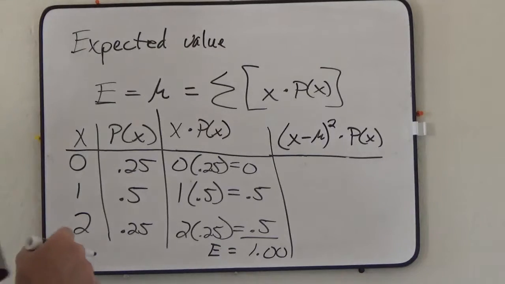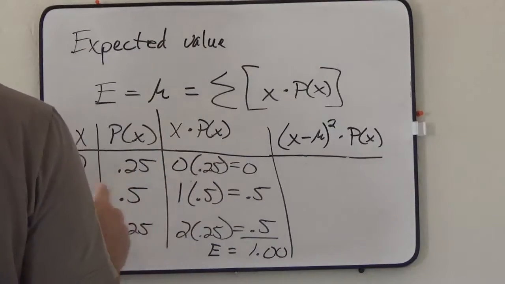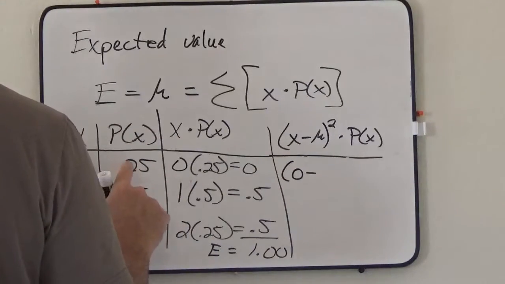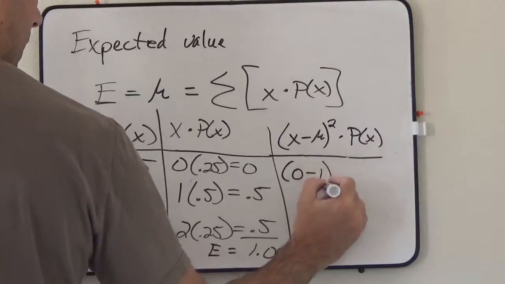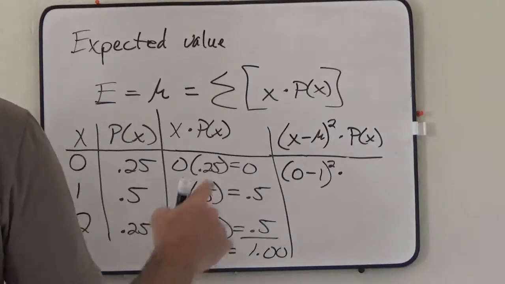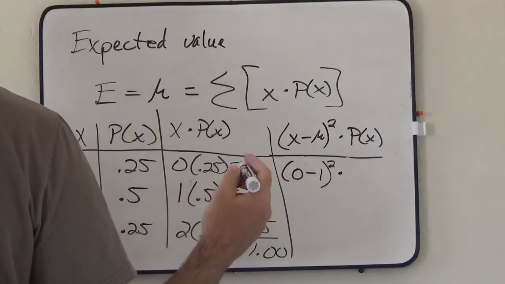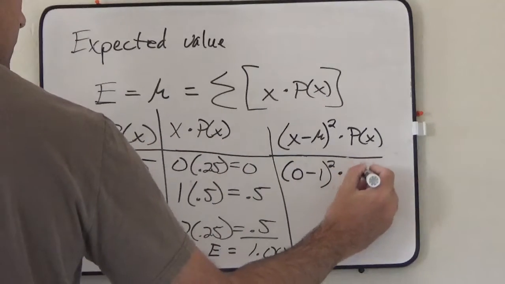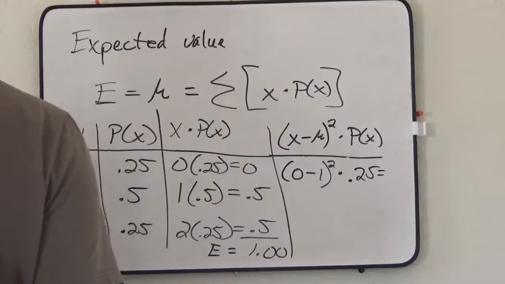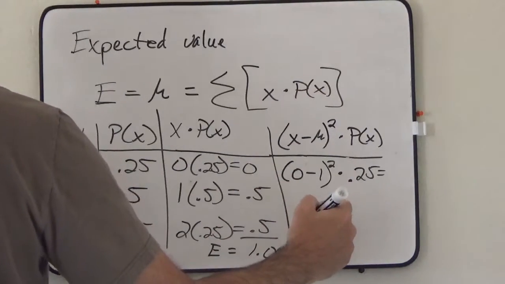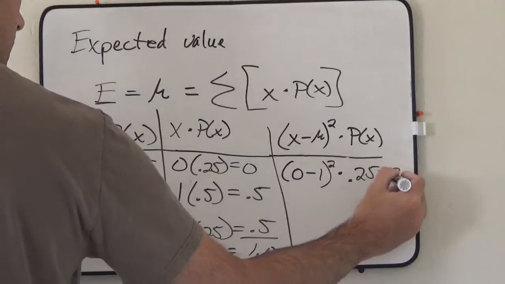Okay, so here we go. My x is 0 minus my mu, which is 1, squared, times my probability of this one. It's 0.25. When we solve this, this gives me negative 1. Negative 1 squared is 1. 1 times 0.25 is 0.25.